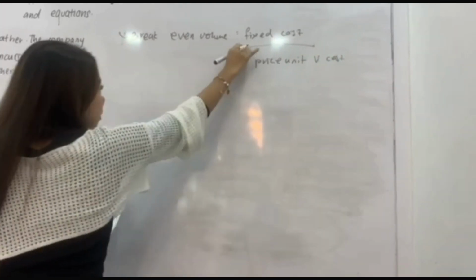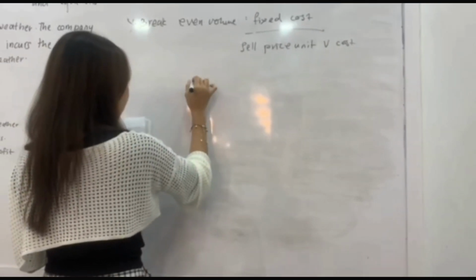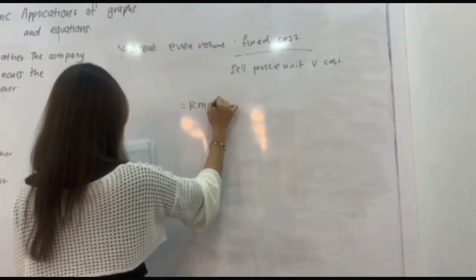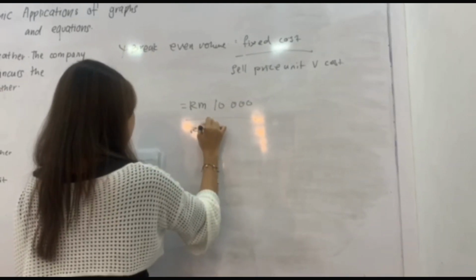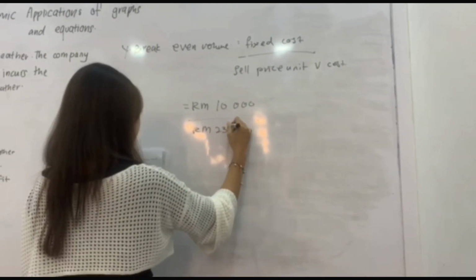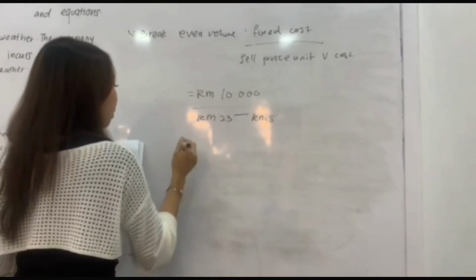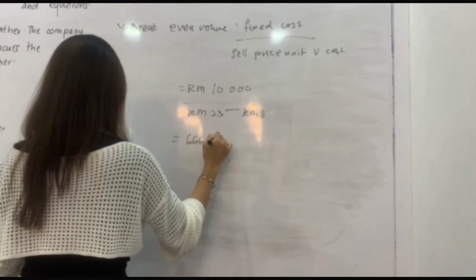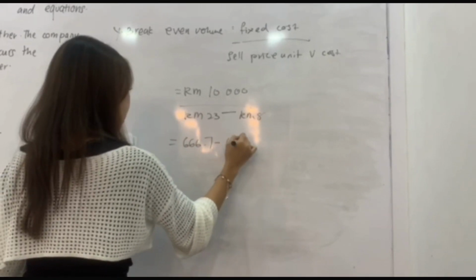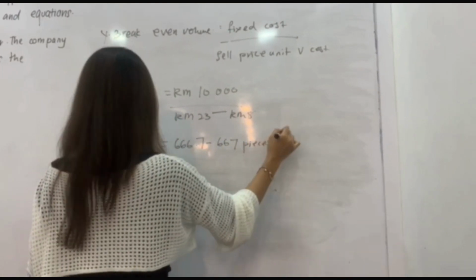So fixed cost divide, which means we need to equal RM 10,000 divide RM 23 minus RM 8. So how much do we get? We get 666.67 pieces of sweater.